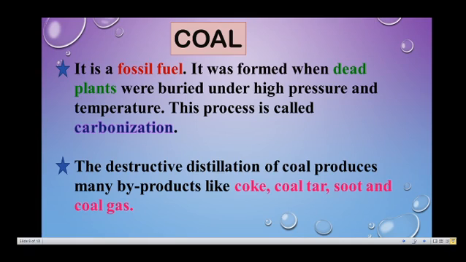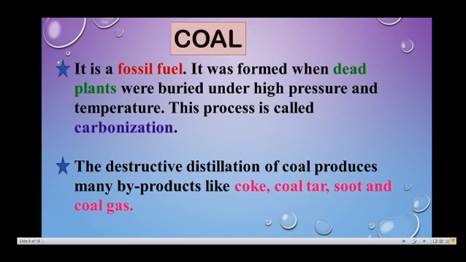This very slow process is called carbonization. From the process of carbonization, coal is formed. The destructive distillation of coal produces many byproducts.